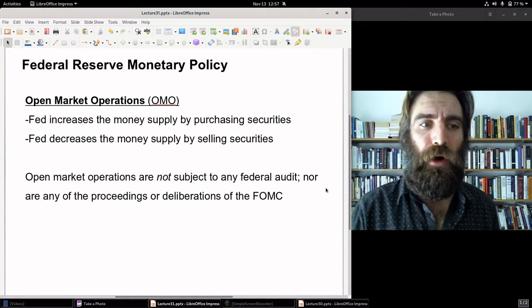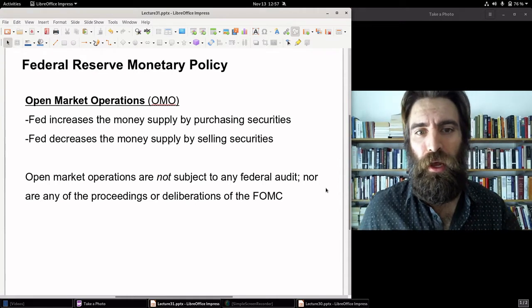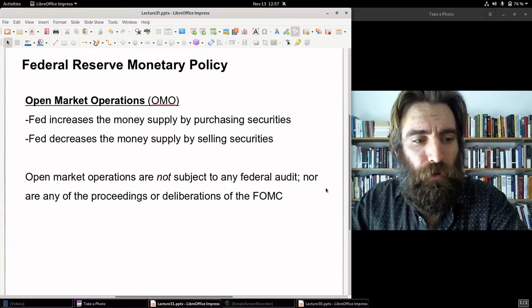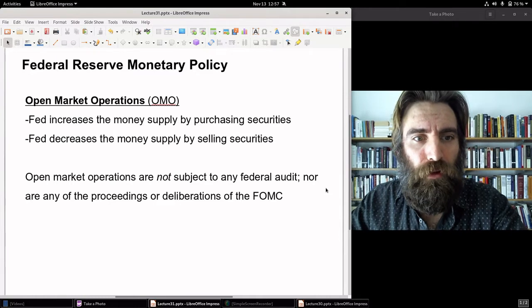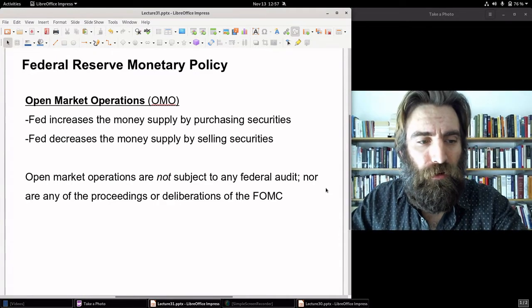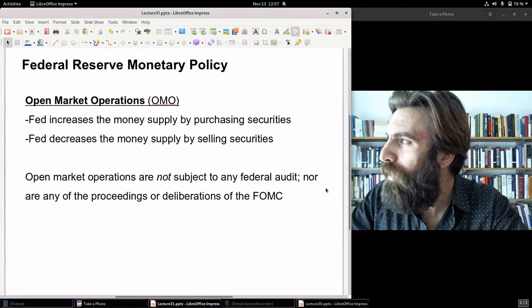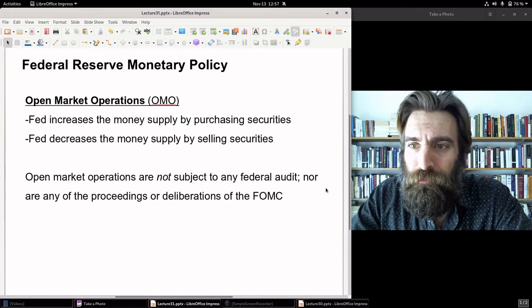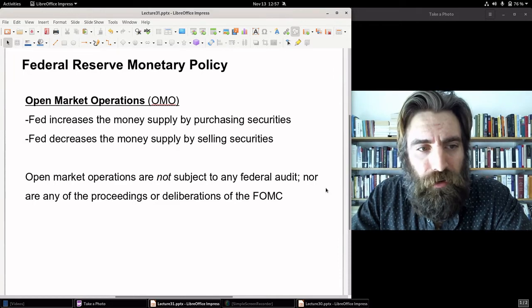Putting my cards on the table, I fully support an audit of the Federal Reserve. I think the American people have a right to know what the Federal Reserve does in its dealings, not just buying and selling securities in the open market, but also its transactions with foreign central banks and other entities.